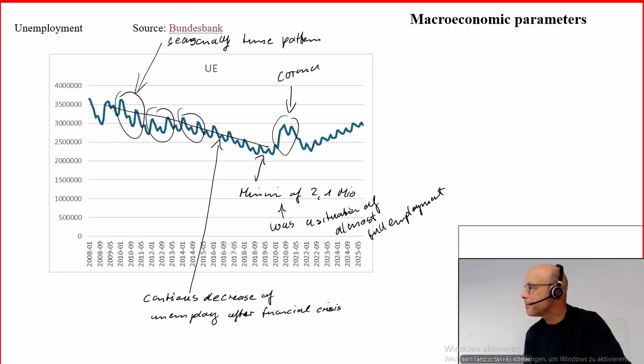In some month, we had more than 7 million people laid off. But within the statistics, they do not appear because we have invented the instrument of short-term work. So they were paid more or less from the public, had still their contract because we had the hope that Corona passes by, and then they do not have to be re-employed, but they directly can start to work again.